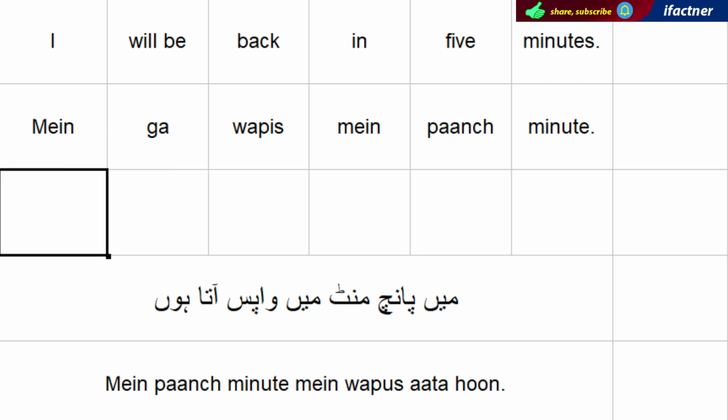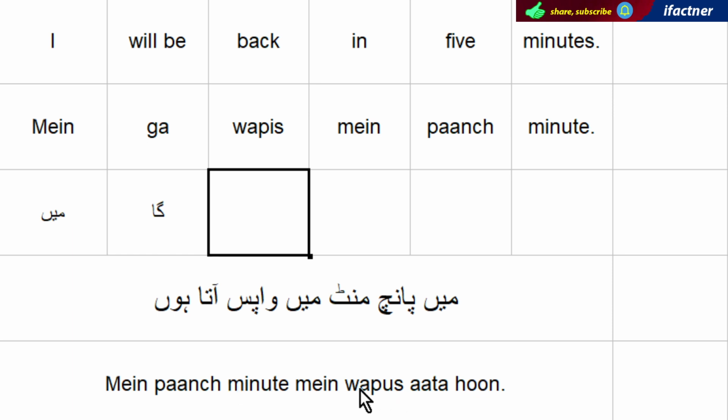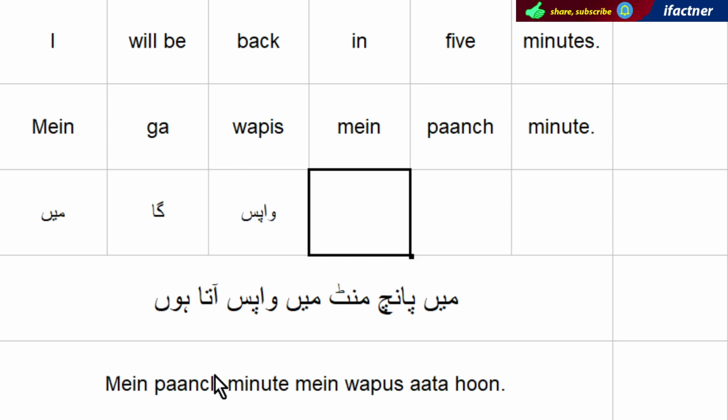So now let's see how do we type these words in Urdu. मैं is meem, ye, and nuna. Ga for male, and if the waiter is female, then she will say gi. Wapis is waw, alif, pe, sin. Me, meem, ye, and nuna.